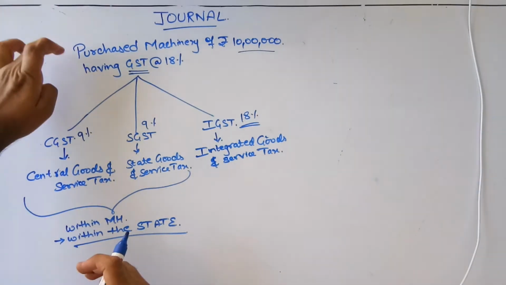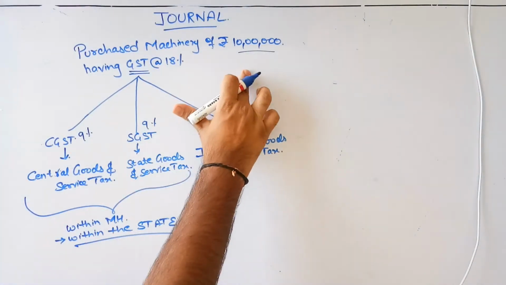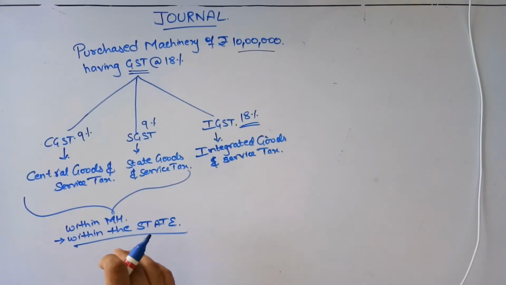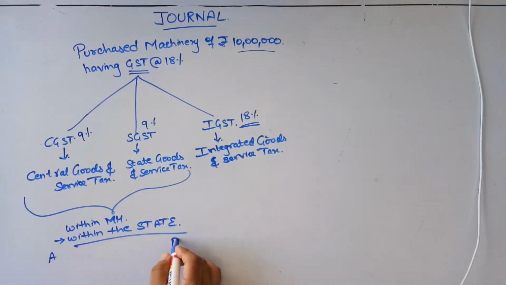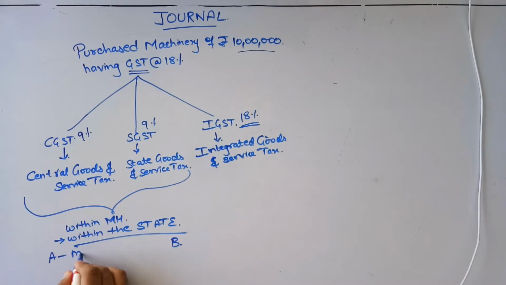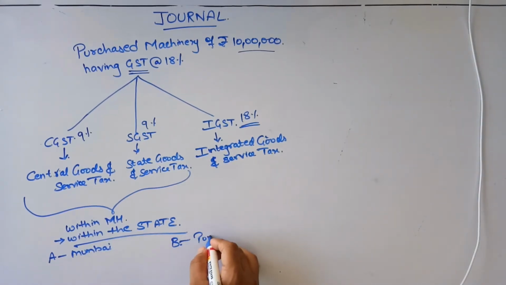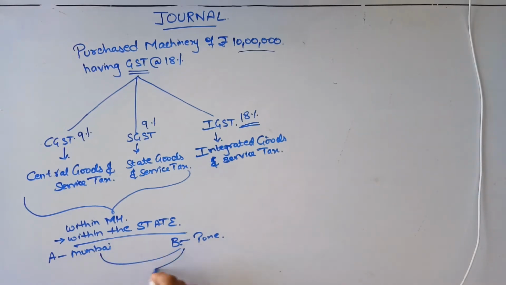In our example, purchase of machinery of 10 lakhs. If the machinery is purchased in Maharashtra, for example, there is a company A and a company B. Company A is in Mumbai and company B is in Pune. If they are purchasing or selling goods to each other, the GST which will be applicable will be CGST and SGST.